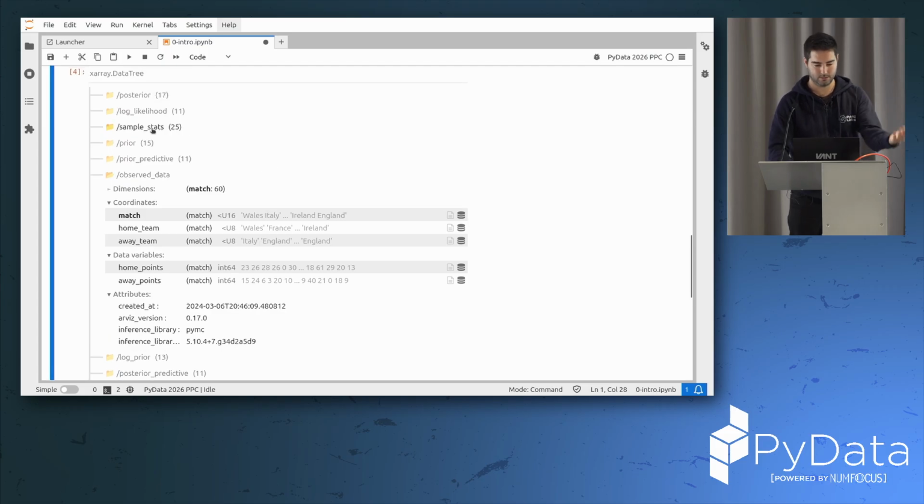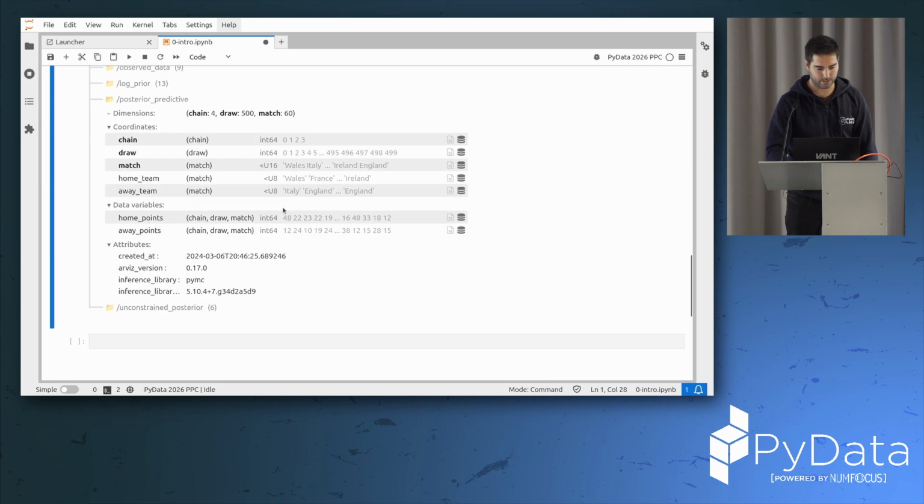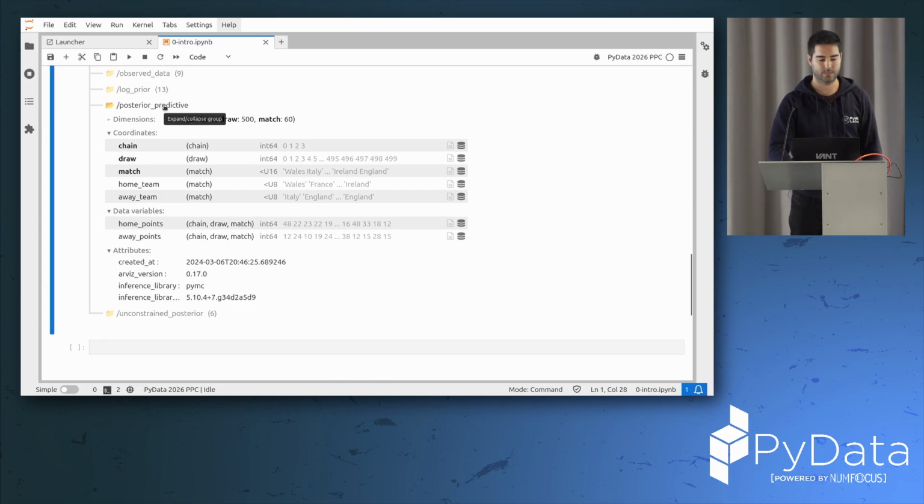And that means that when we generate this posterior predictive that's down here, we also have similarly looking data, but with the addition of the chain and draw dimensions, because we have the full draws from this posterior predictive distribution.